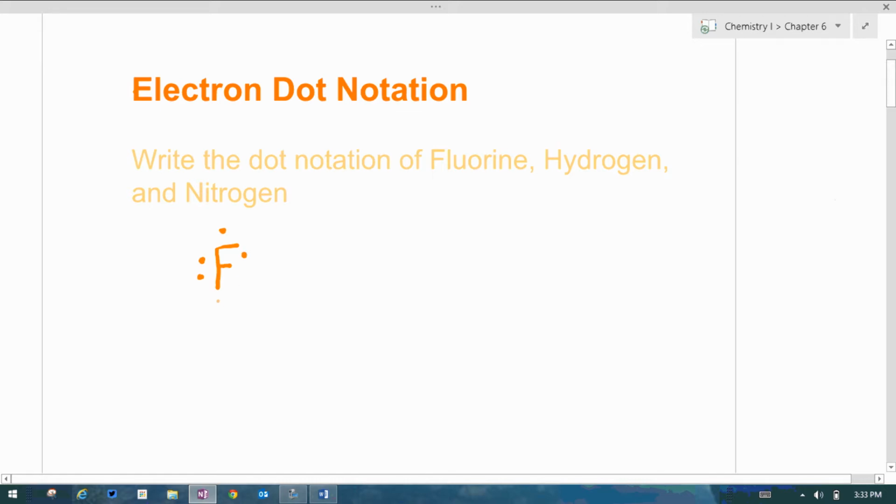So I've got 2, there's 3, 4, and 5. Now I need 7, so I need 2 more. So I can go back and double up any of these single dots, and it truly does not matter which of those 3 dots you choose. So here is number 6 and number 7.